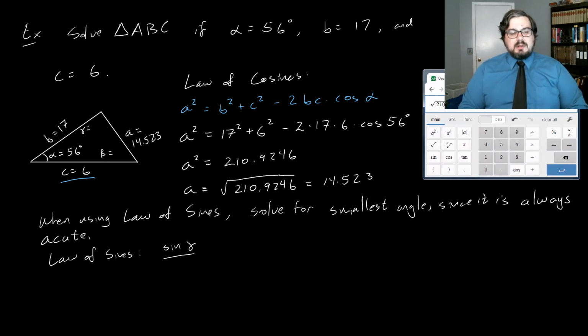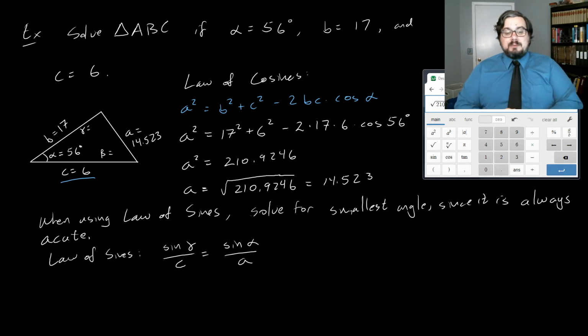So, the law of sines says that sine of gamma over c is going to be equal to, now we'll use the angle and side length that we actually know. At this point, unfortunately, we are forced to use some quantities that we already evaluated, already deduced as part of the problem.